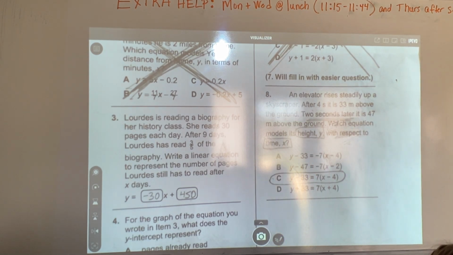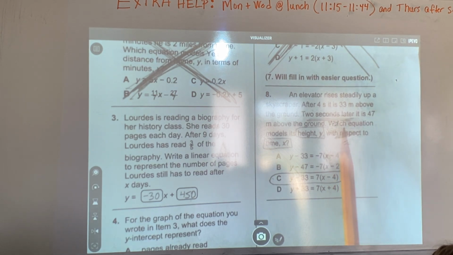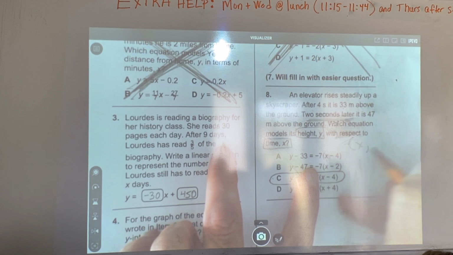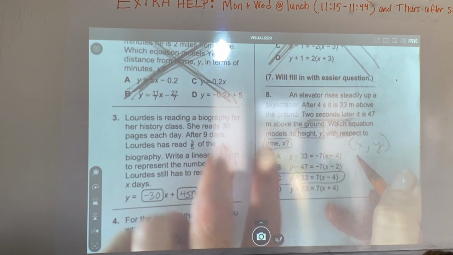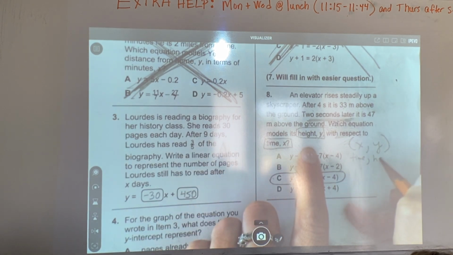So they just gave you 2 coordinate pairs, 4, 33 and 6, 47. It says, which equation models its height, y, with respect to time, x? So right here, it's saying that your x coordinate is the time, and your y coordinate is the height.